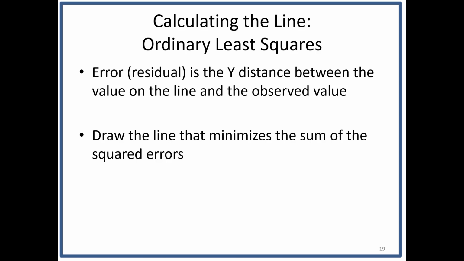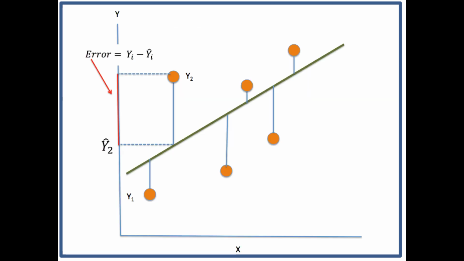So let's look at it here. Here we have a line, and each of the vertical blue lines is the error, and that is between the yi, or the y observed, and the yi hat, or yi predicted, and that's the y on that green line, the predicted line. So for observation 2, we have the y2, and see the red line on the y-axis, right?